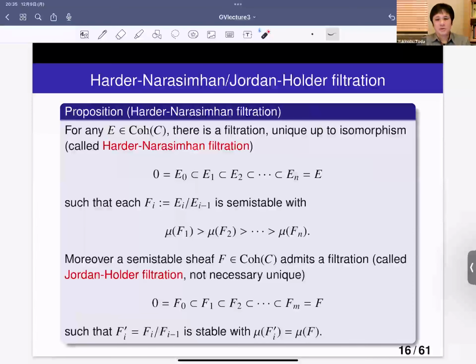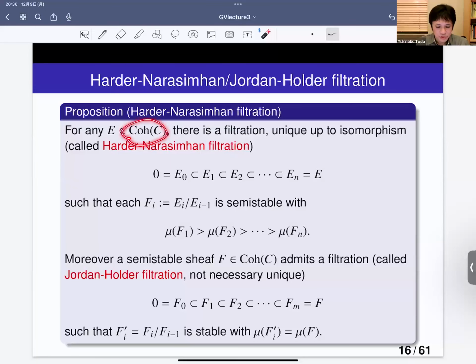So considering the semi-stable sheaves restricts to considerations of semi-stable coherent sheaves. But in some sense, the semi-stable sheaves and stable sheaves form a building block of all the coherent sheaves. So this is given by the so-called Harder-Narasimhan filtration and also the Jordan-Hölder filtration.